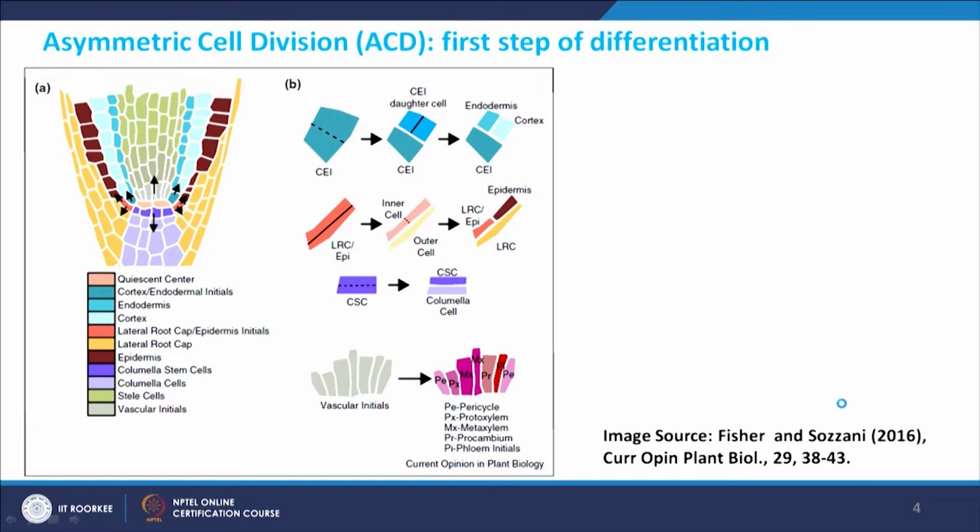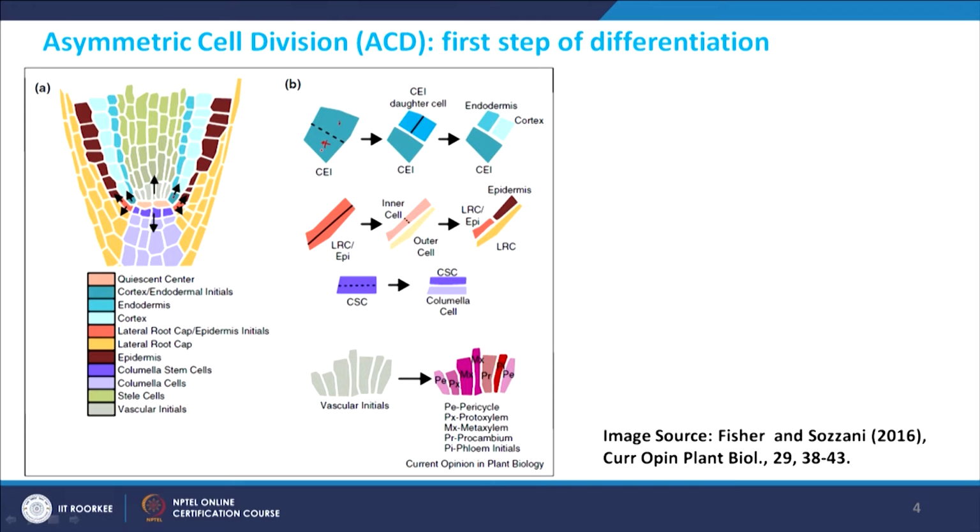So if you look here, this is the same picture, and we can see that these are the initials for cortex and endodermis. If you look at the first step of differentiation, this cell division will generate two cells. The cell which is now in contact with the QC will remain as CEI, but the other cell will undergo the process of differentiation.